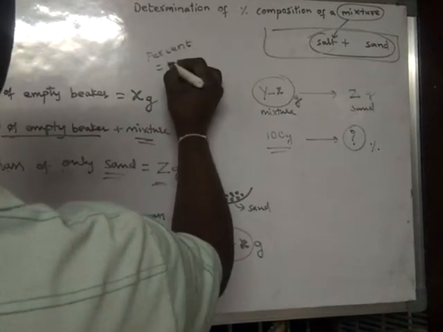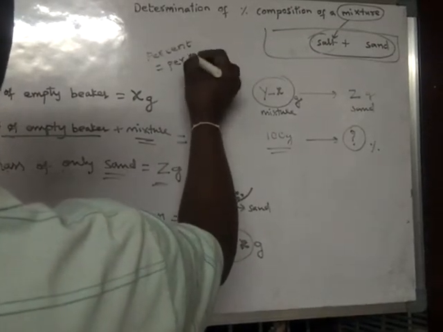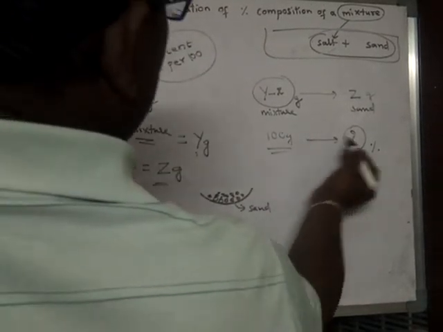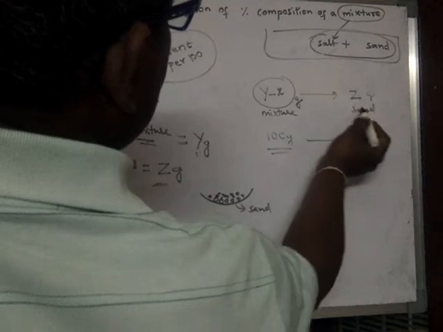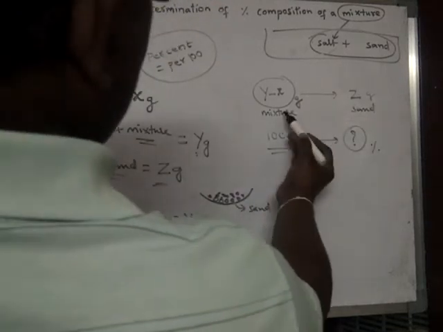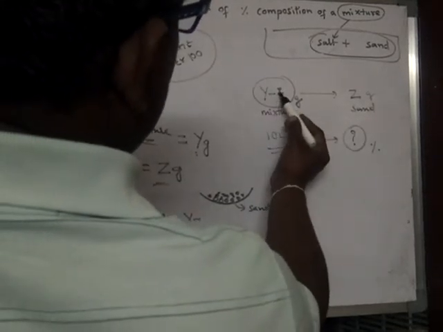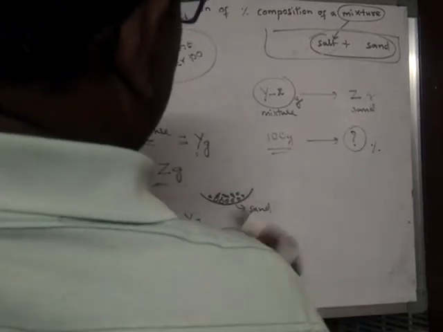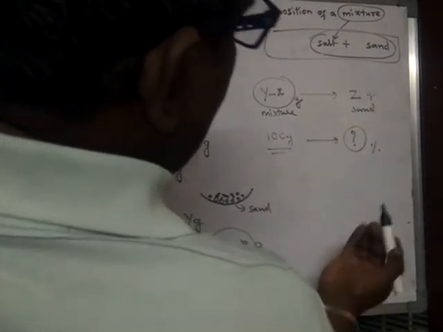Percent means per 100; cent means 100. Per Y minus X grams of mixture, Z grams of sand is present. So per 100 grams of mixture, how much sand will be there?